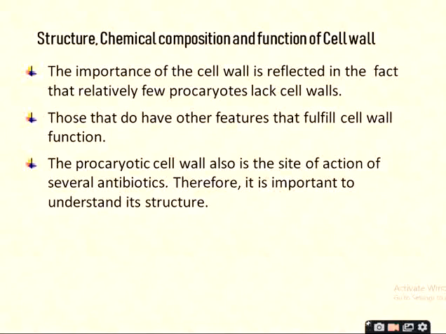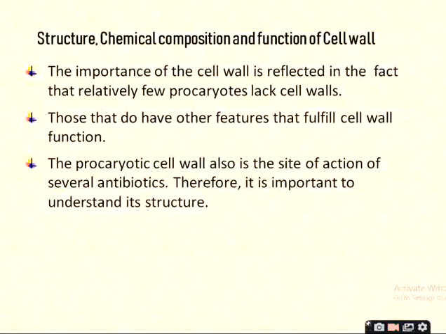Okay. In antibiotics, again there are two types: one is a short spectrum antibiotic and another is a broad spectrum antibiotic. Short spectrum means it will kill either gram positive bacteria or gram negative bacteria. That is called a short spectrum antibiotic.